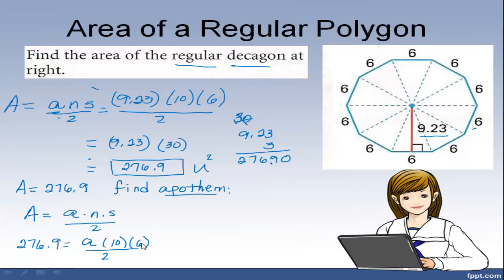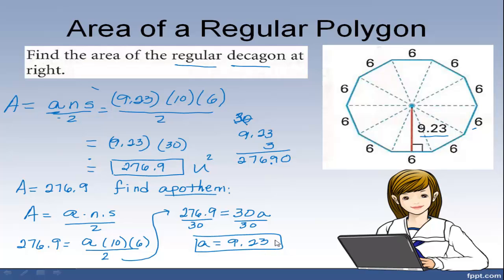You could multiply 10 times 6, which is 60, and divide by 2, which is 30. And then this ends up looking like this. 276.9 equals 30a, right? And then to isolate a, we would divide each side by 30. And a would be 9.23, okay?